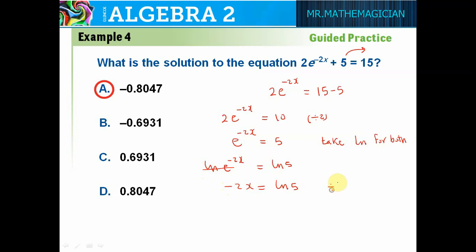Let's divide by negative 2 for both sides, so x equals ln 5 over negative 2, and if you use your calculator you will find it approximately negative 0.8047. So A is an accurate answer.